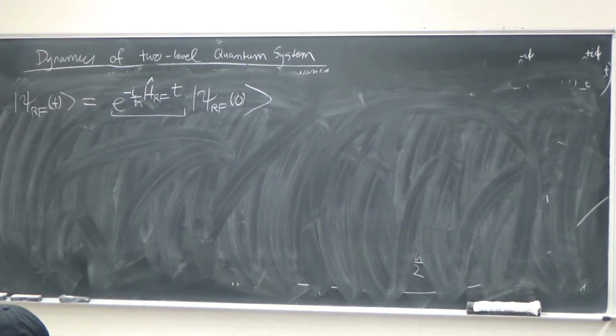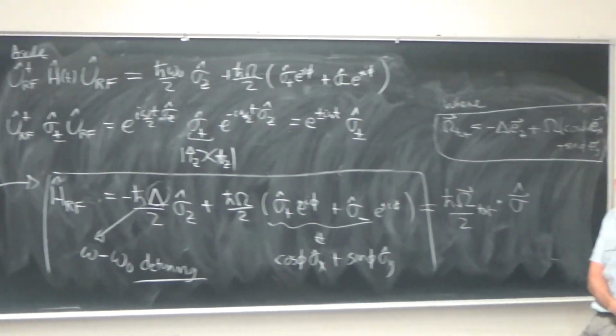If I take this vector and dot it into this, I get this. So this is a vector. It has the units of frequency. It has x component omega cosine phi. It has y component omega sine phi. And it has z component minus delta.